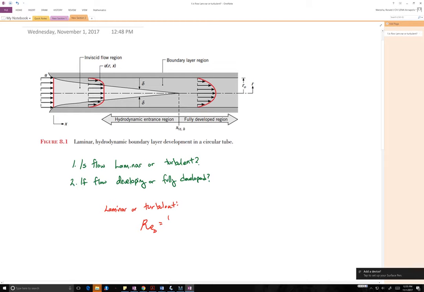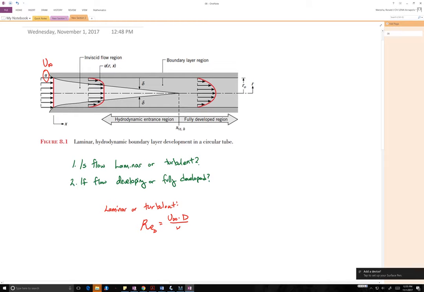In this case, it's equal to my free stream velocity, that's this here, times my diameter over my kinematic viscosity.